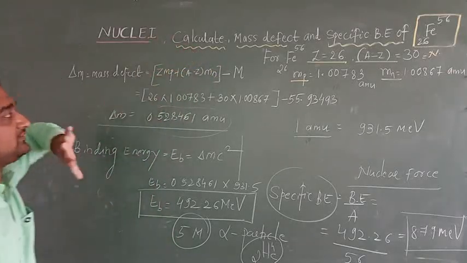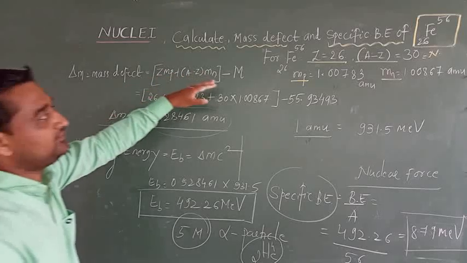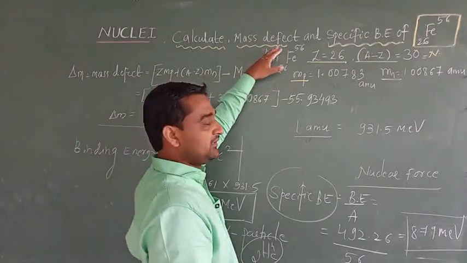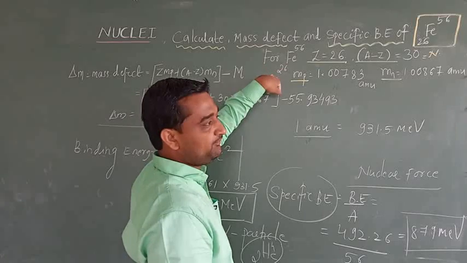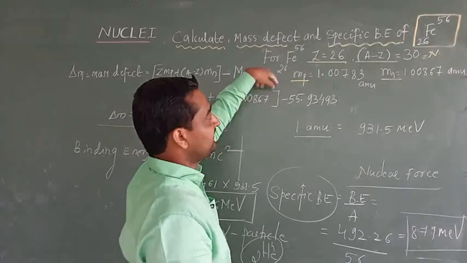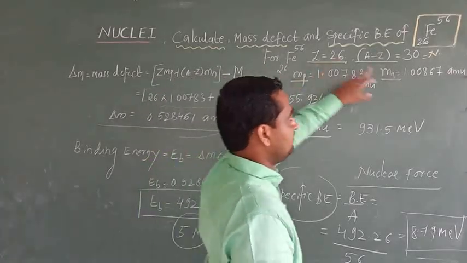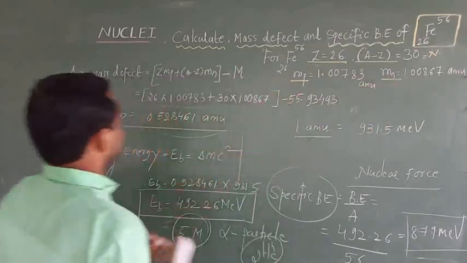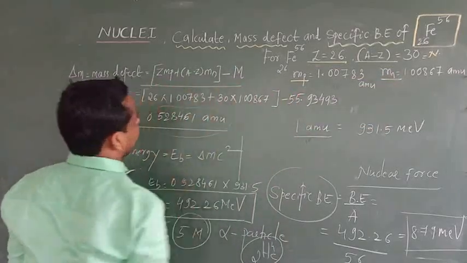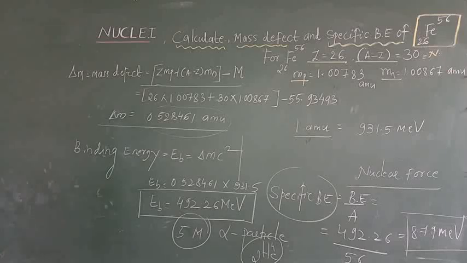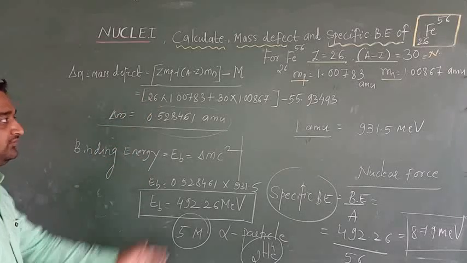Very simply, they will give all the values. They will give the mass of the nucleus for the given element, then the mass of the proton and the mass of the neutron. We first calculate the mass defect by using this formula, simple multiplication, then take the difference.